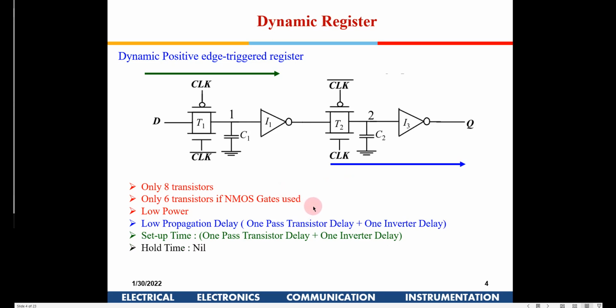Now, if you see, the hold time here is nil. Why is it nil? These are small intricacies which you should understand clearly. When the clock edge is going high, how long should the data remain constant for it to function well? When the clock is going high, this becomes non-transparent, so even if the data changes, nothing happens out here. That is why the hold time is nil.